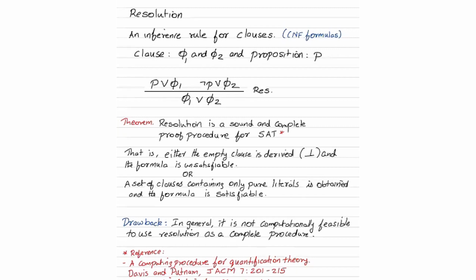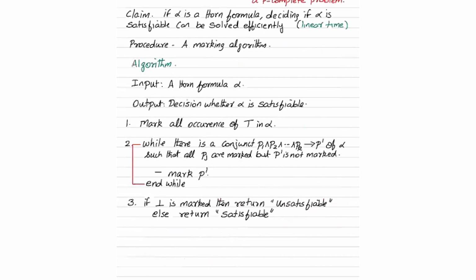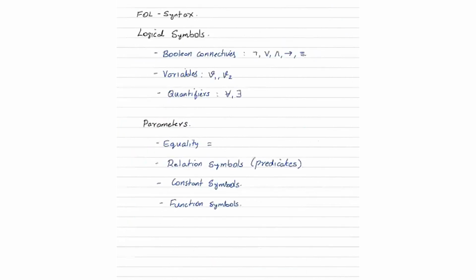So what would be the next step? What would be a nice logical formalism to reason about these more sophisticated systems? The natural extension which you would want to look at is what is called first order logic or predicate logic.